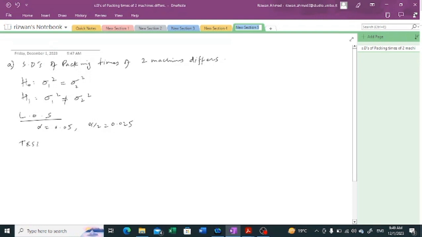We define the test statistic, and the test statistic is F that has a formula S1 square over S2 square, times sigma 2 square over sigma 1 square. Now we go for the critical region.